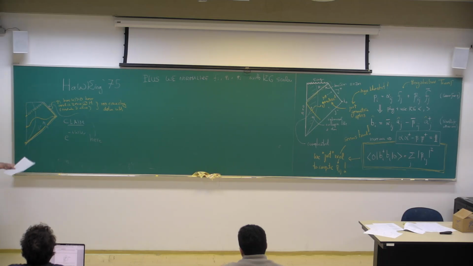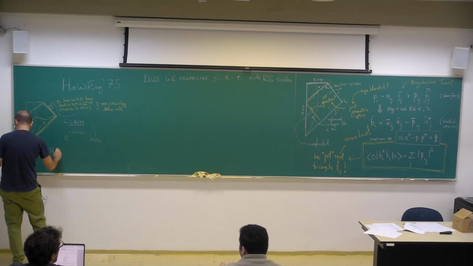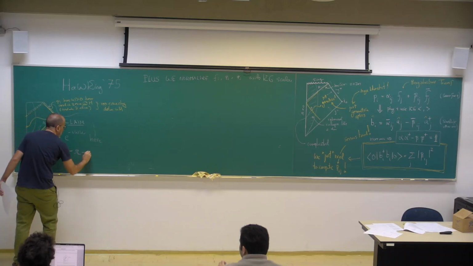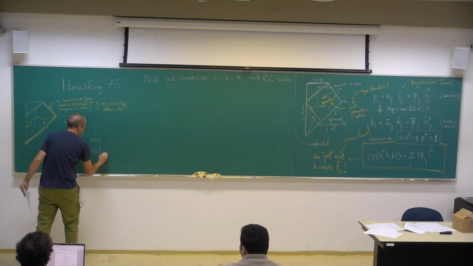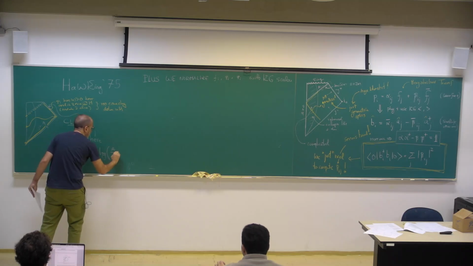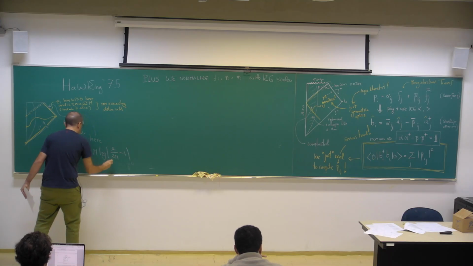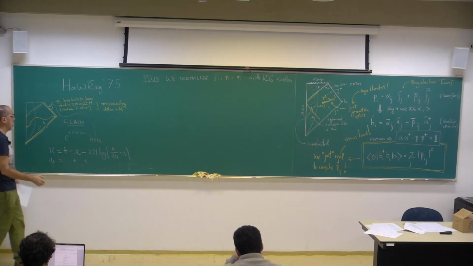Okay, what is u? U and v are the usual coordinates that we use. This tortoise coordinate u equals t minus r minus 2m log of r over 2m minus 1, and v is the same with a plus. Okay?